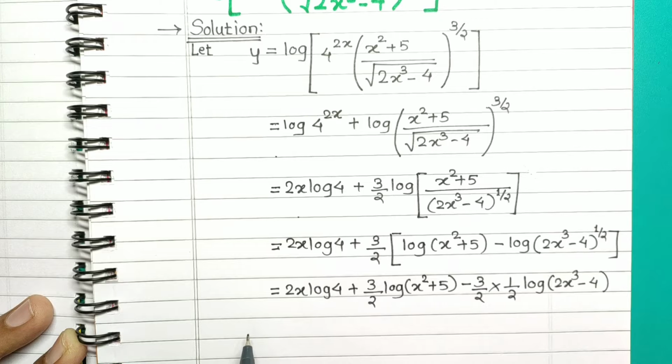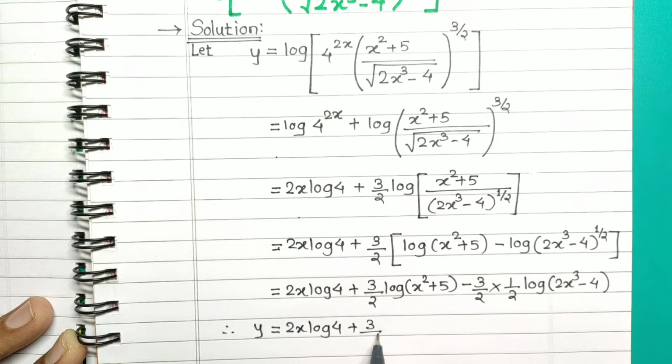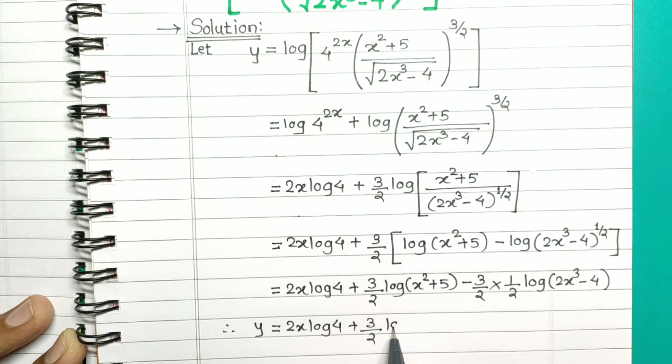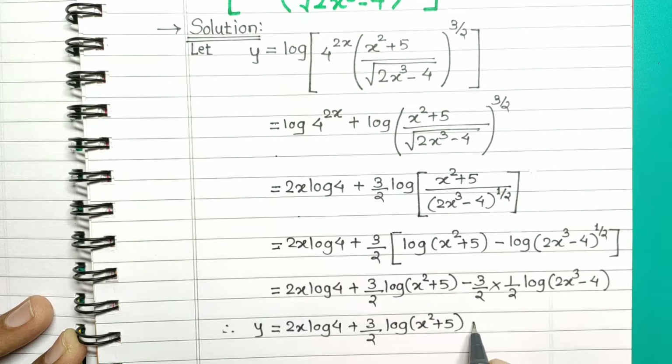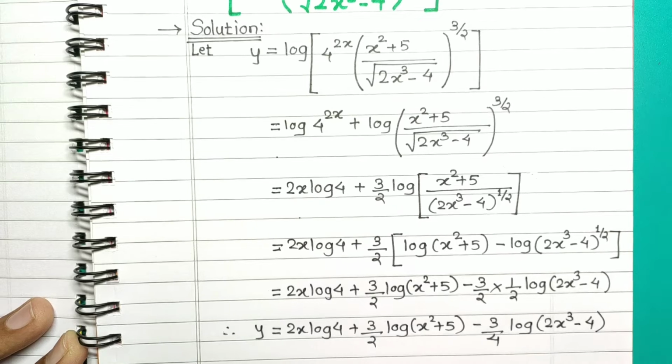So we have y is equal to 2x into log 4 plus 3 by 2 into log of x square plus 5 minus 3 by 4 into log of 2x cube minus 4.